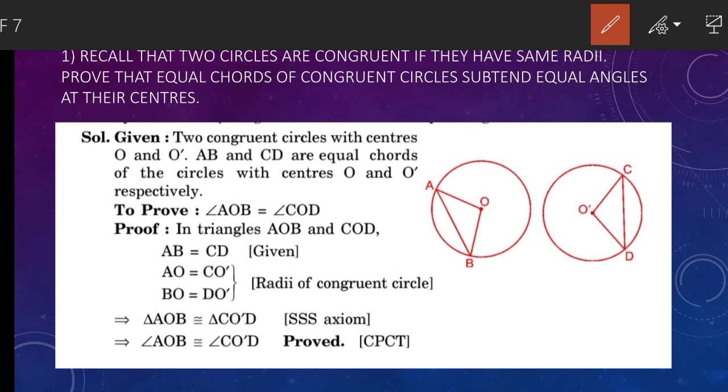The circles are congruent only if the radii of the two different circles are equal to each other. Here the two different circles are with center O and with center O dash, and the chords are AB and CD. Here it is also said that the chords are equal. So we have to show angle AOB is equal to angle CO dash D.